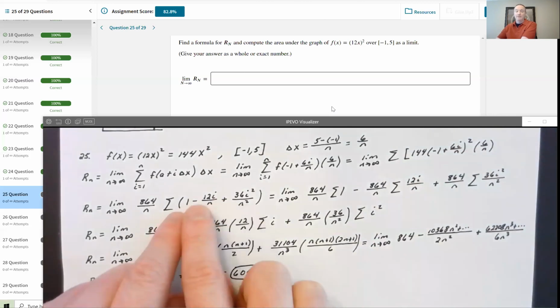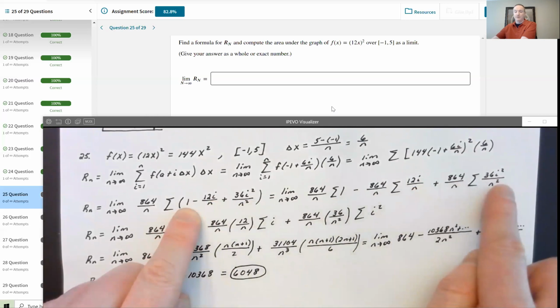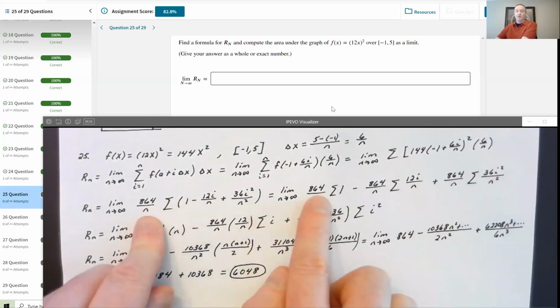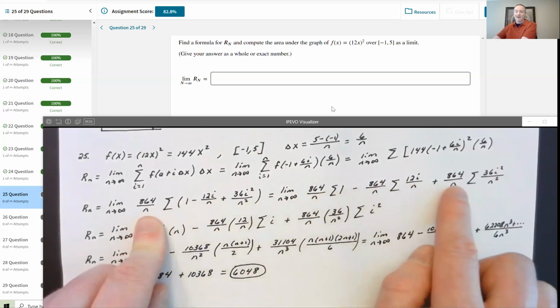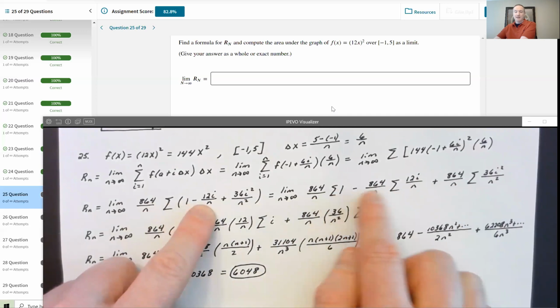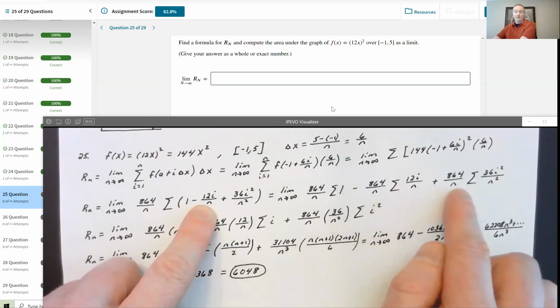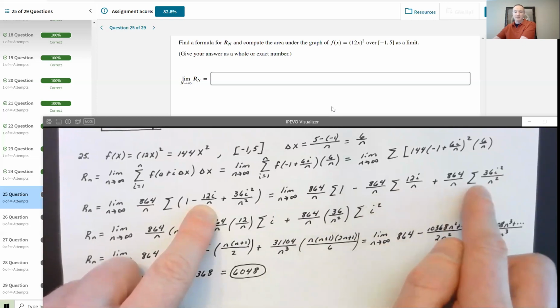Now I see I have 3 separate terms inside the summation. I want to create 3 separate summations, and every single one of those summations is being multiplied by 864 over n. So I have 864 over n times the summation of 1, minus 864 over n times the summation of 12i over n, and then plus 864 over n times the summation of 36i squared over n squared.